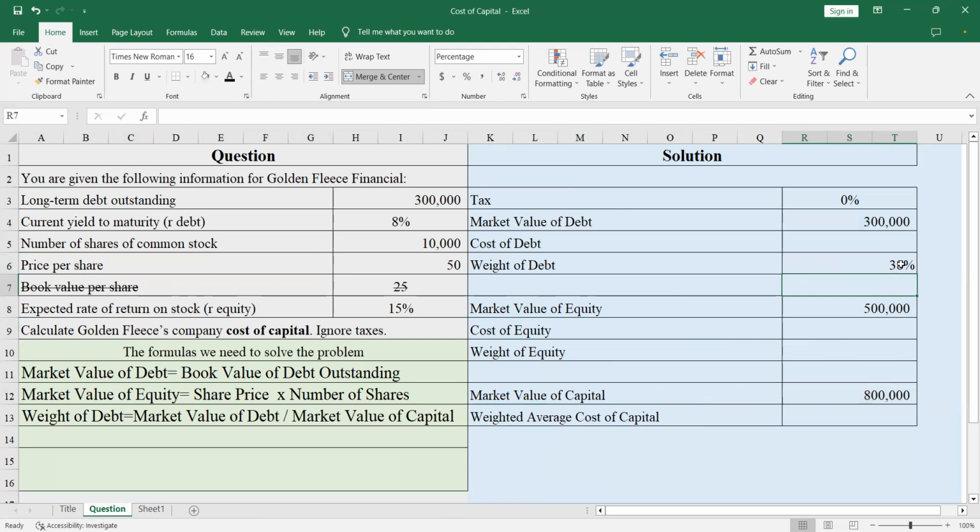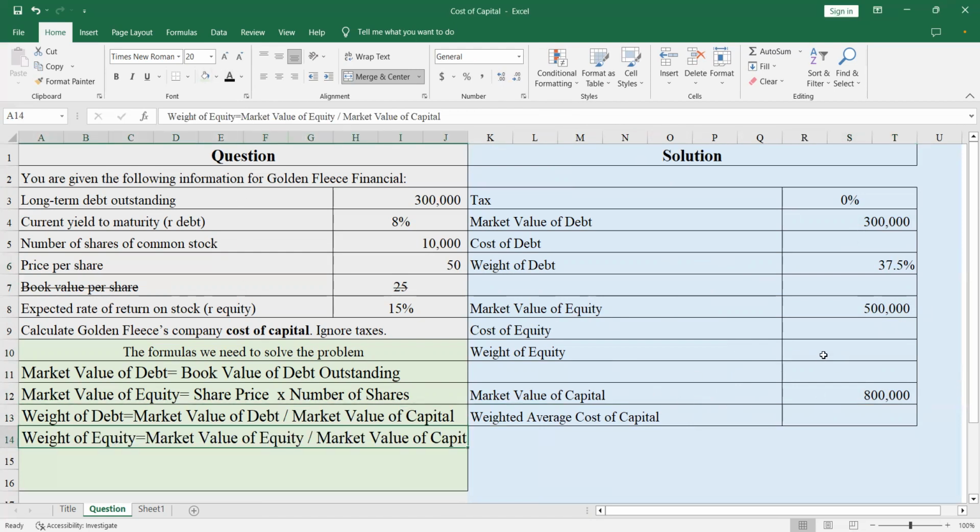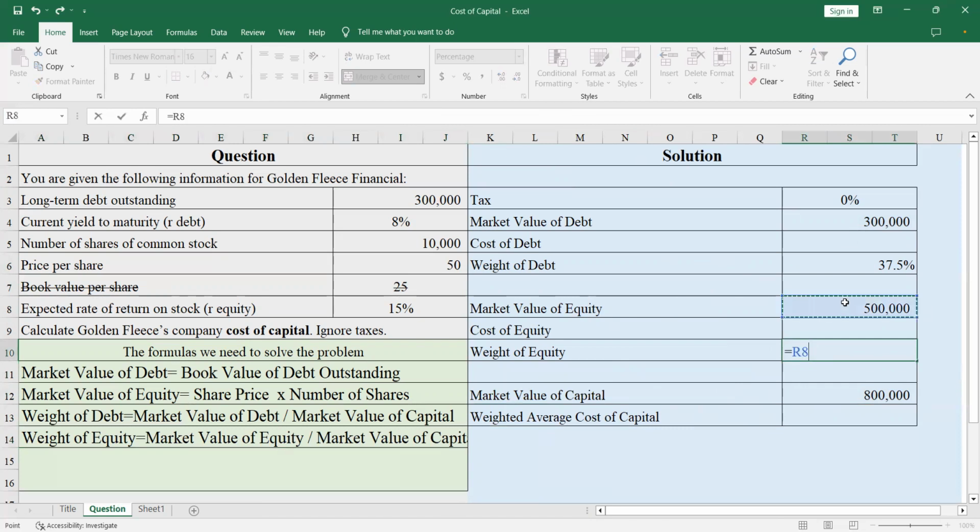So that's about 37.5%. Similarly, the market weight of equity is the market value of equity, 500,000, divided by the market value of capital of 800,000. That's again 62.5%.